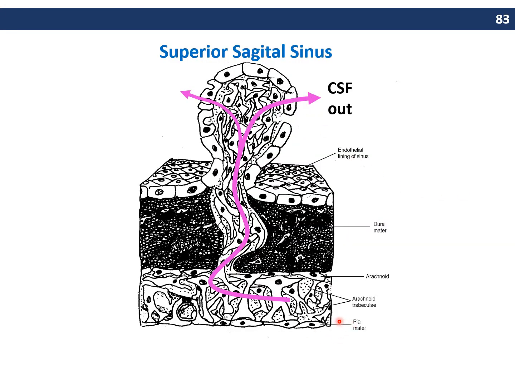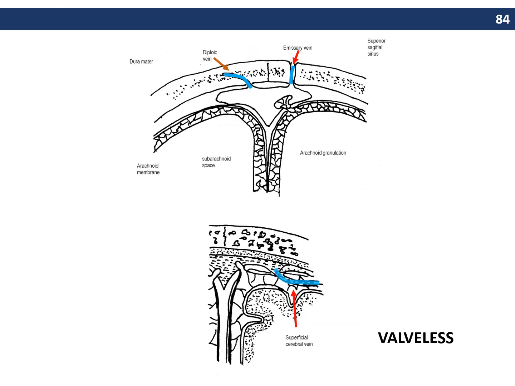So in the arachnoid granulations, the CSF, which has been circulating in the subarachnoid space, then gets projected into the superior sagittal sinus, which is up here, and that CSF can flow both through cells and between cells to exit the arachnoid granulation and enter into the superior sagittal sinus.